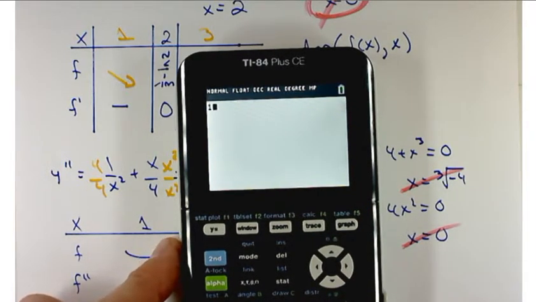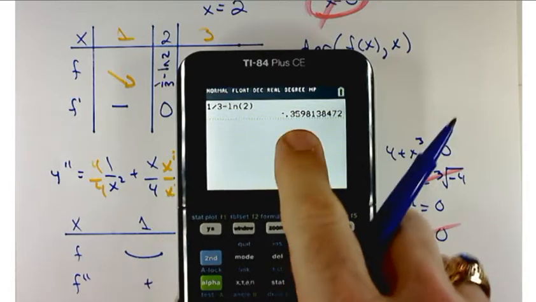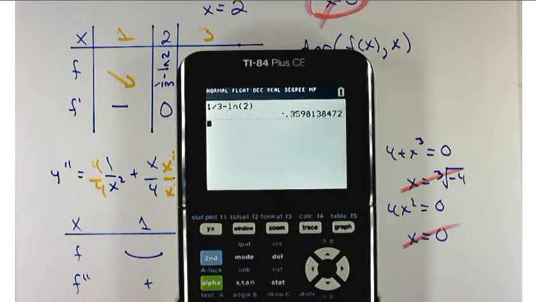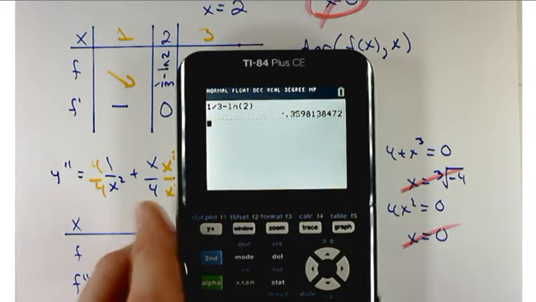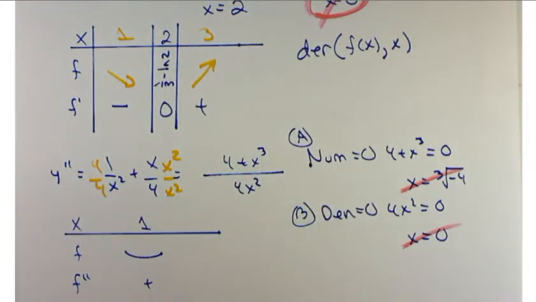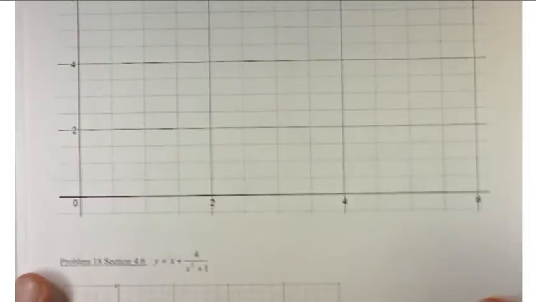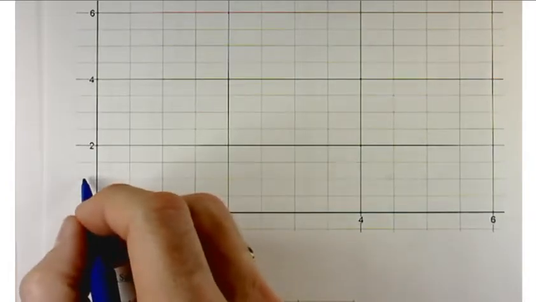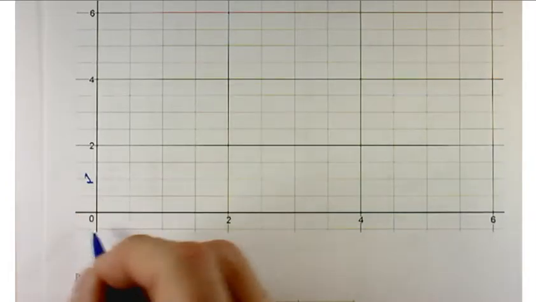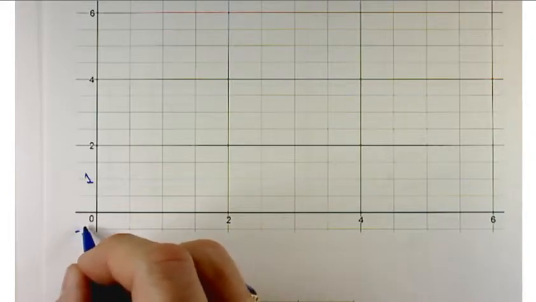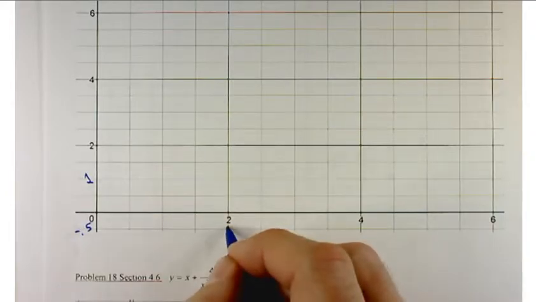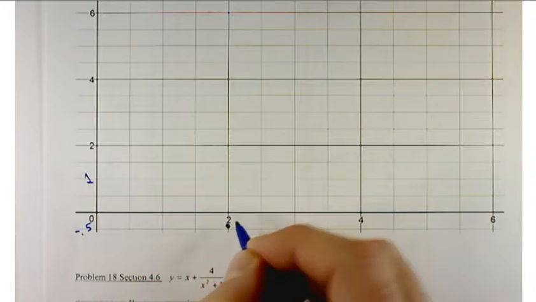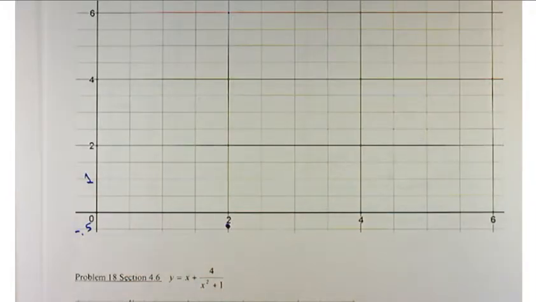So 1 divided by 3 minus ln of 2. Negative 0.36. All right, I'm not going to look at your graphs that closely. Negative 0.36. See, that's a 1. So that'd be negative 0.5. So about here. Somewhere just below the 2 on that graph.